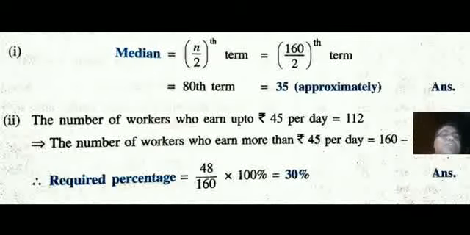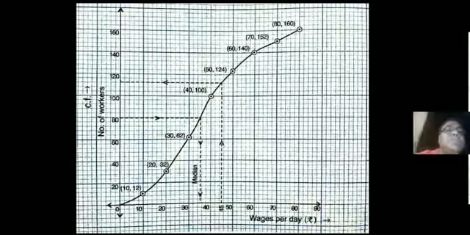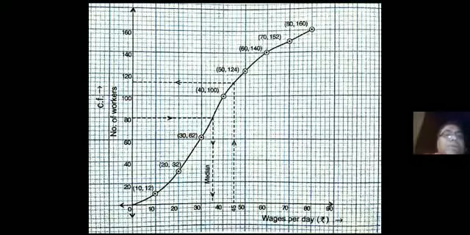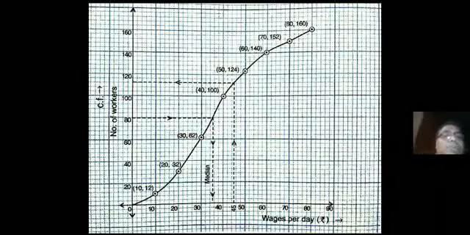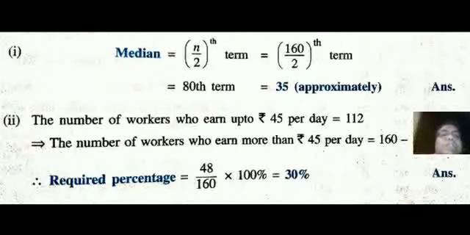The number of workers who earn up to 45 rupees per day is 112. On the horizontal x-axis, wages are shown. So 45 is drawn against this line, and reaching the curve, this is your 112.